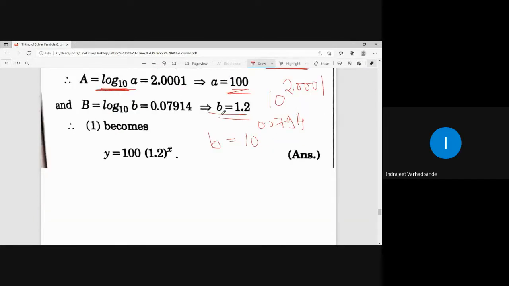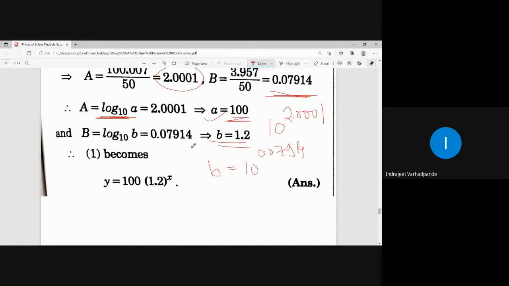So I have got the value of small a, I have got the value of small b, substituting it in the given curve y is equal to a b to the power x. What is a? 100. What is b? 1.2.